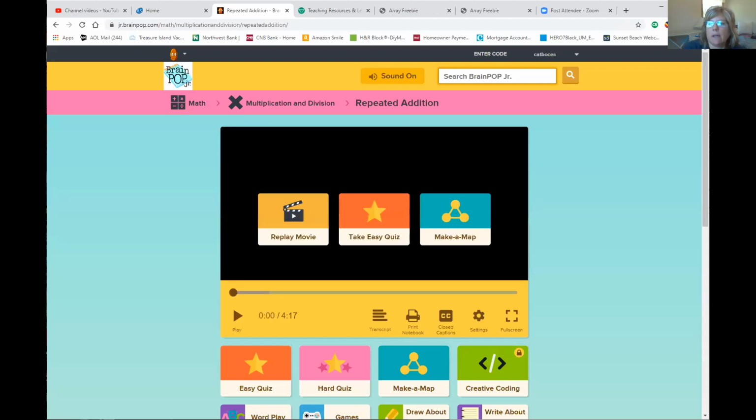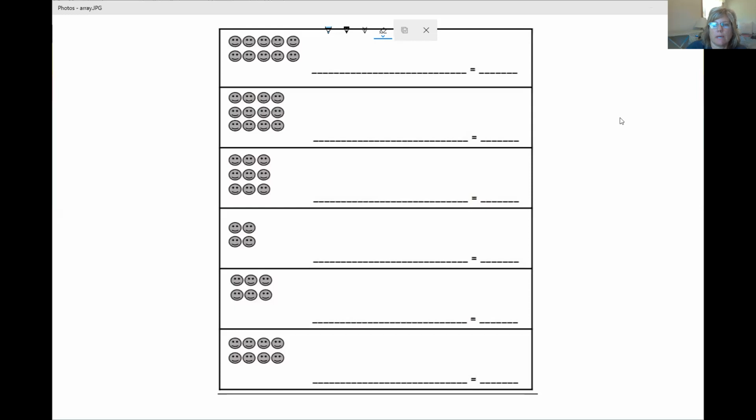So you can see now how repeated addition will help you figure out multiplication. Let's try another activity with some repeated addition. So I have some smiley faces, and they're organized into rows going across and columns going up and down.